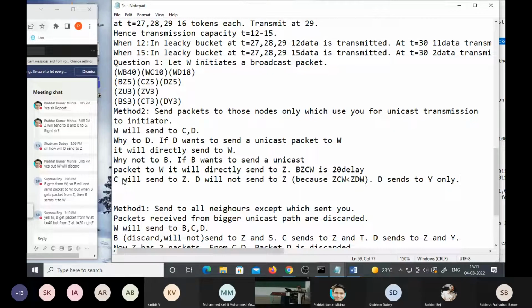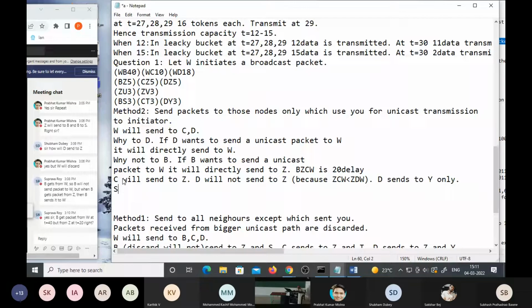Z will send to B and UV, but not to D. Why?